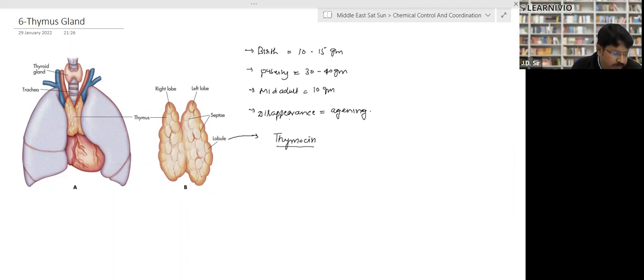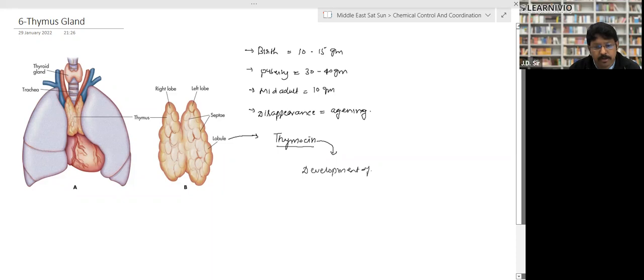Thymosin stimulates development of certain kind of WBC, which are responsible for producing immunity.